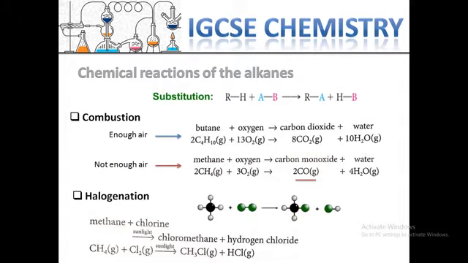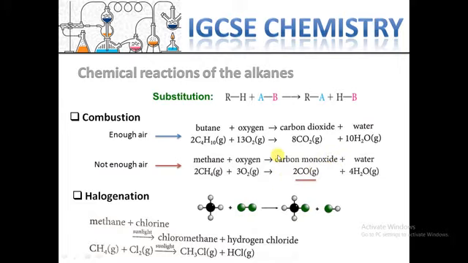If you use hexane, that means C6, you will get more carbon dioxide. It depends on which alkane you use. But on the other hand, if there is not enough air supply, or not enough oxygen, you will get carbon monoxide.